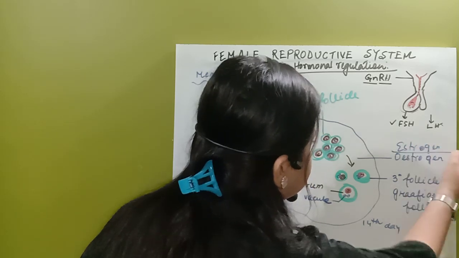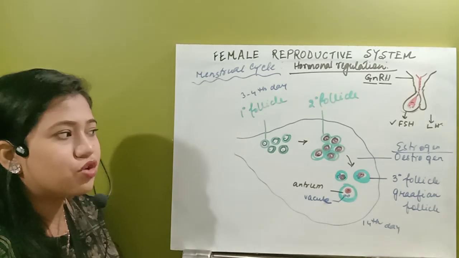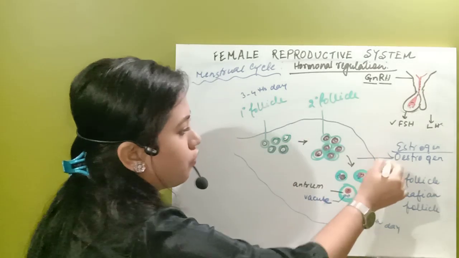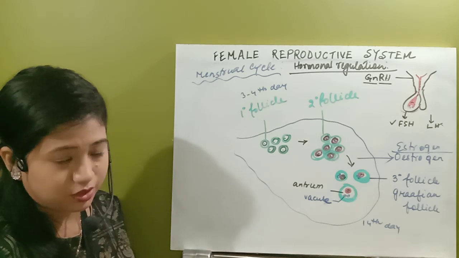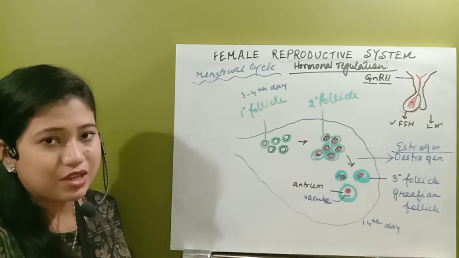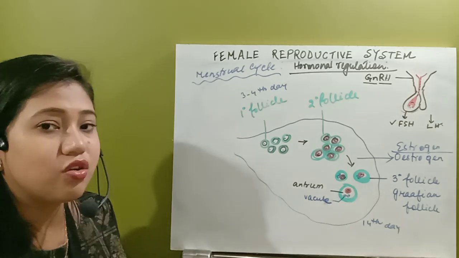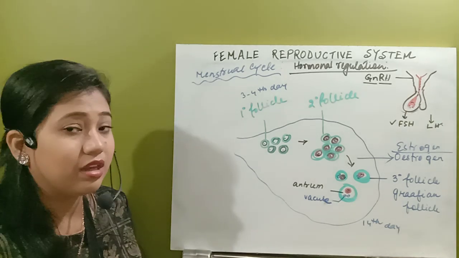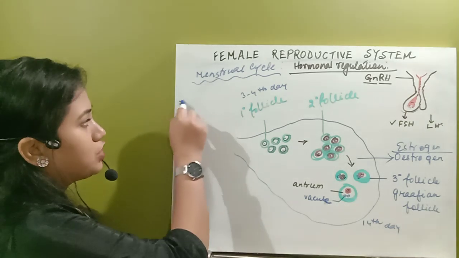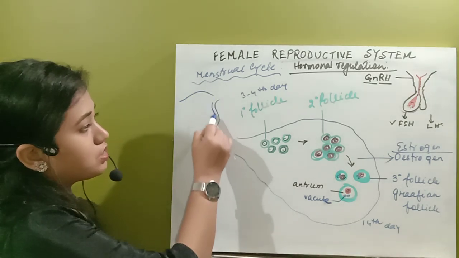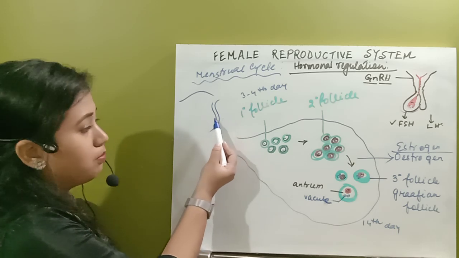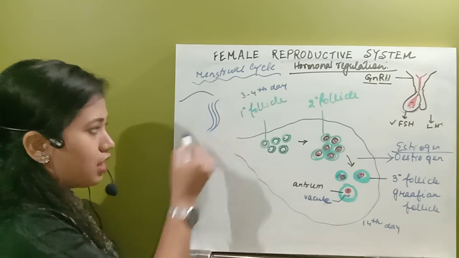Both of them are the same. So the estrogen hormone is released from those follicles, and this estrogen is very important. Why? Because this estrogen helps in the formation of the endometrium layer. As you can remember, I told that in the uterus we had 3 membranes: the outer perimetrium, the middle myometrium, and the inner endometrium.